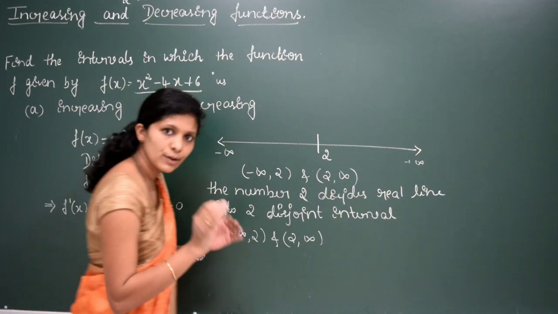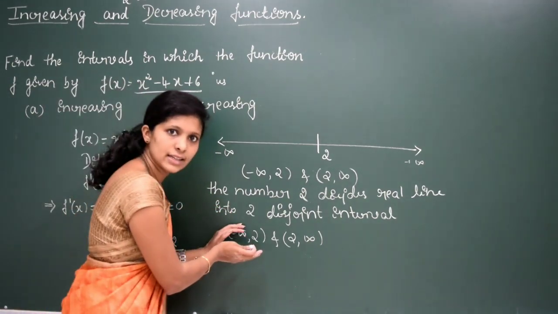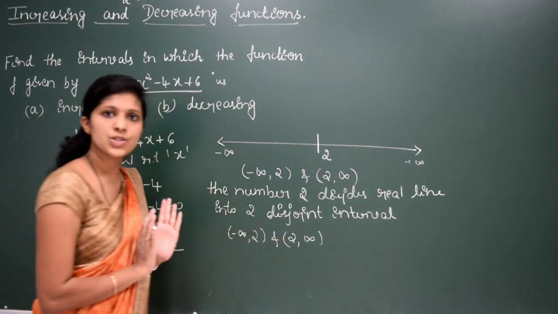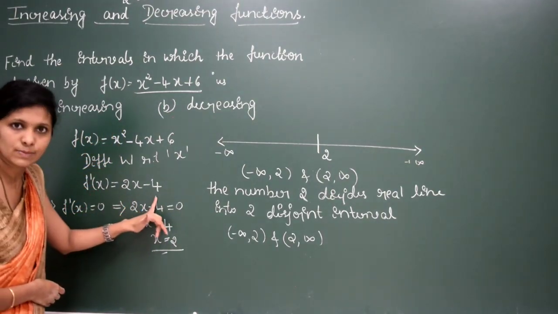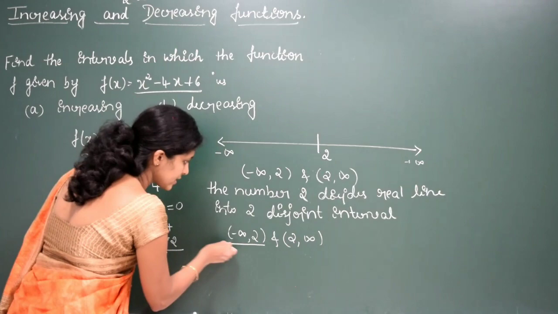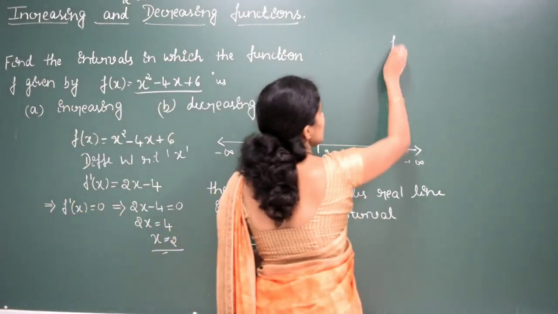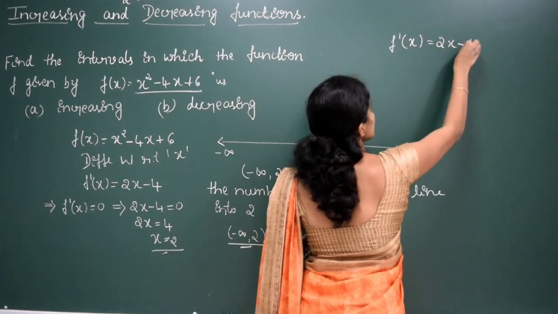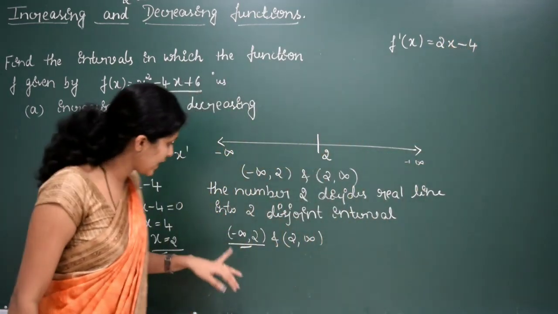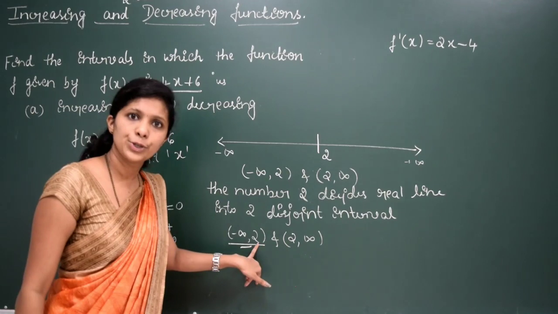Is it clear? Now you have to check where the function is increasing in this interval and where the function is decreasing. We have the value of f dash of x is equal to 2x minus 4. Now consider any value between minus infinity and 2.